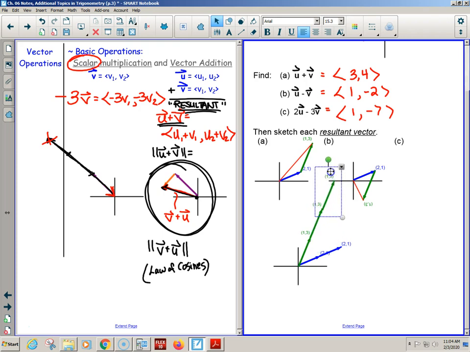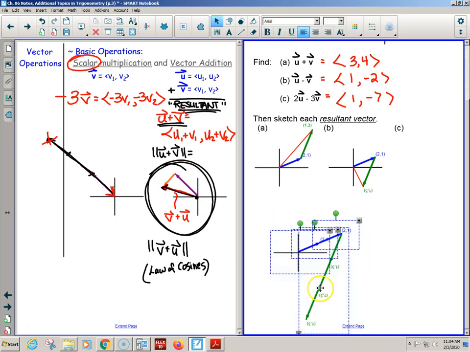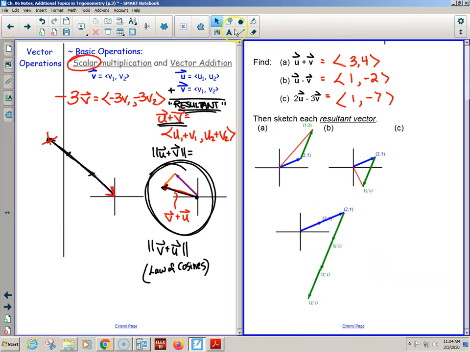Oh, and then wait a minute, it's minus 3V, so I would need this guy to be all grouped and face the other direction. Oh, and I would need to do 2U minus 3V. I almost have it. And then that is going to be the overall resultant from the very beginning to the very end of that.